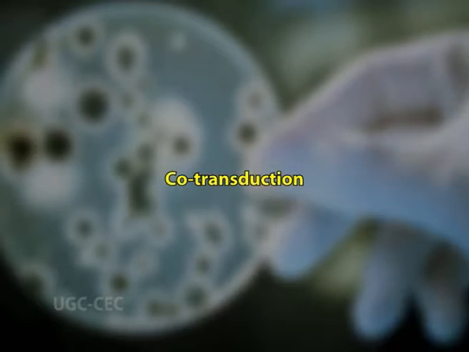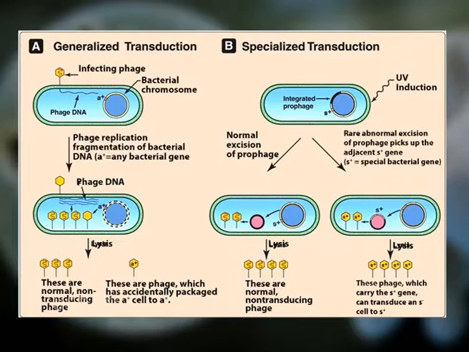Dear students, now there is another thing, co-transduction. We'll discuss it in detail. During transduction, there is a maximum size of the DNA segment that can be packaged by the bacteriophages. If two genes are close enough along the chromosome, a bacteriophage may package a single piece of the chromosome that carries both genes and transfer that piece to another bacterium.